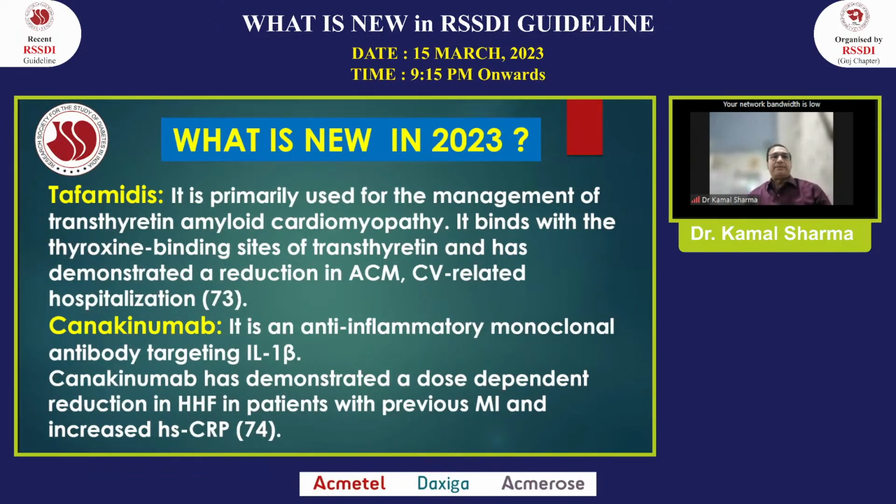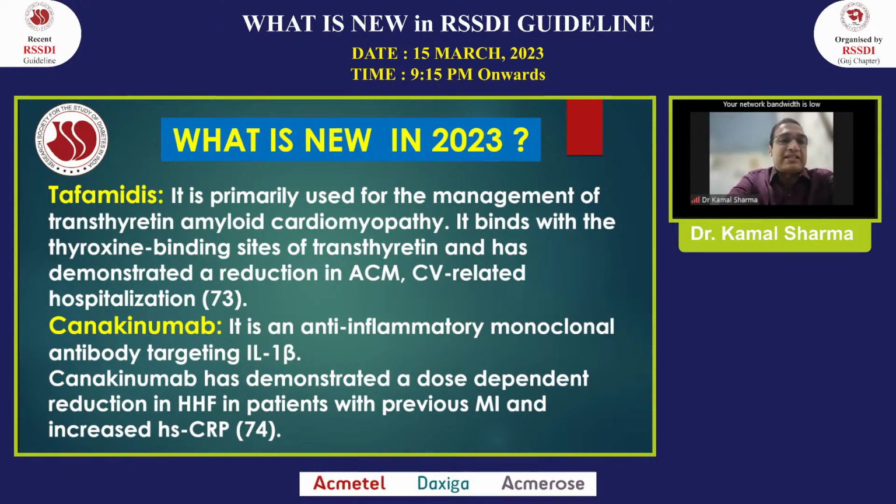Also, we have patients with ATTR type of cardiac amyloid, where they usually present first with HFpEF, and then they may end up with HFrEF. For them, tafamidis is used as a transthyretin amyloid cardiomyopathy management by binding the thyroxine binding sites of transthyretin, and it has demonstrated a reduction in amyloid cardiomyopathy related CV hospitalization.